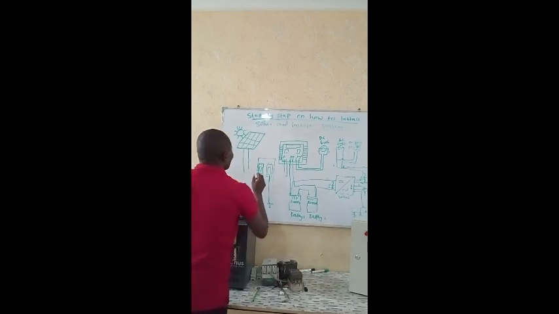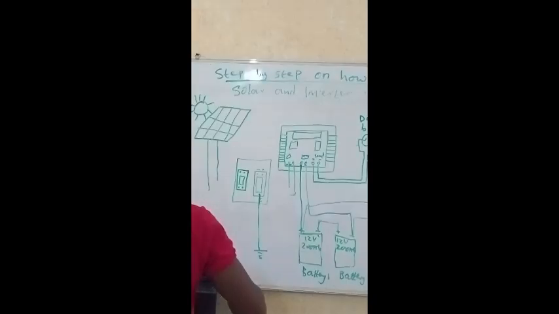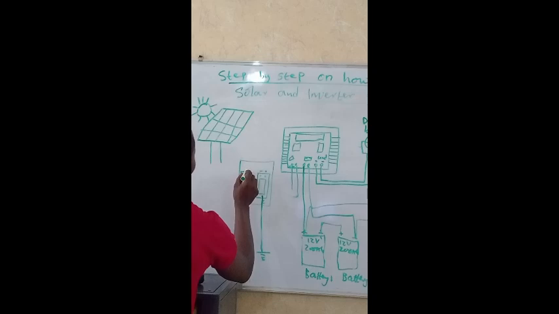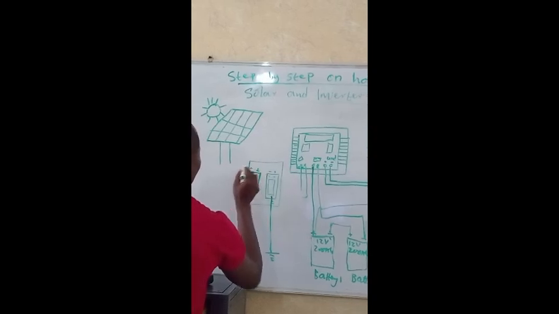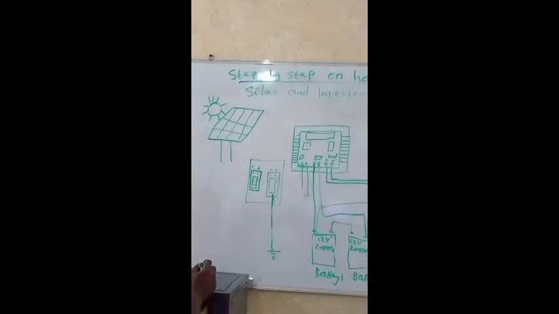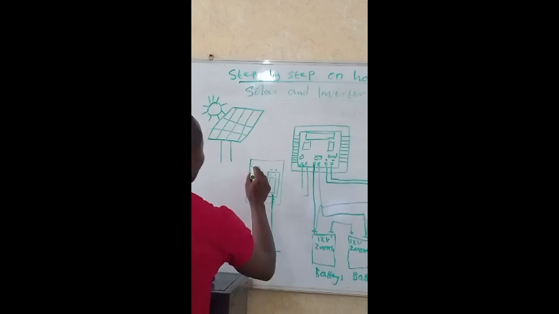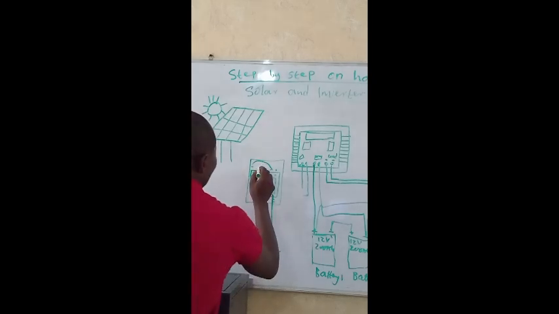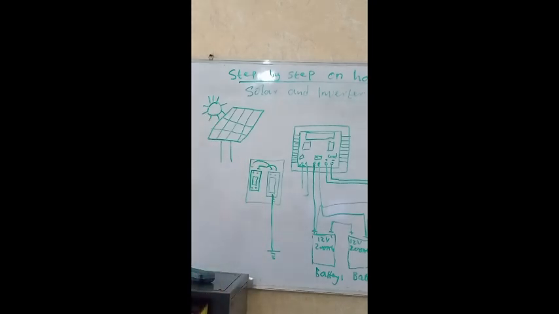Now, this breaker input, we have positive and negative. This negative of the breaker goes straight to the negative of the surge. And this positive of the breaker goes straight to the positive of the surge.